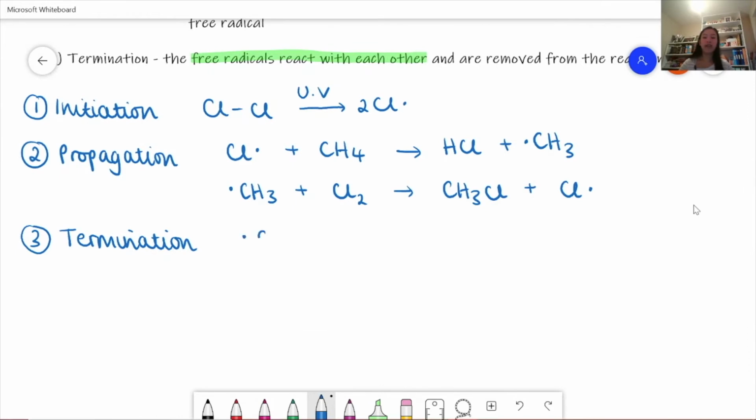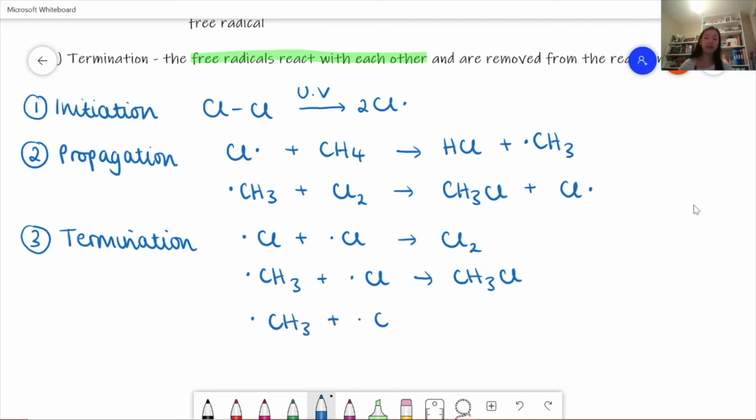So we can have two chlorine free radicals reacting to form chlorine, or we could have a CH3 free radical and a chlorine free radical reacting to form some more of this chloromethane, or we could also have two of these CH3 free radicals reacting to form CH3CH3. And so these are three steps for this reaction.